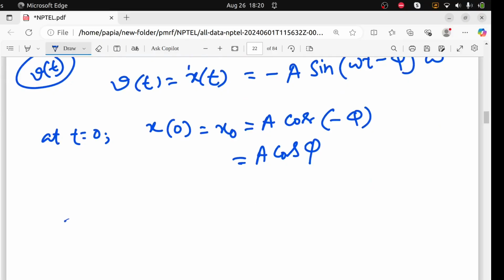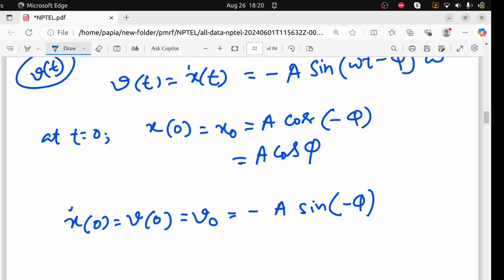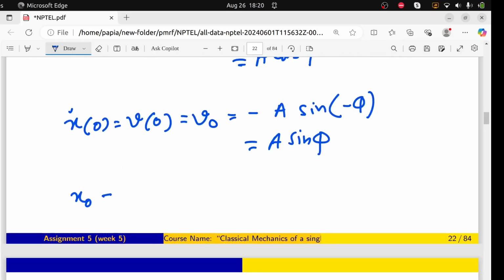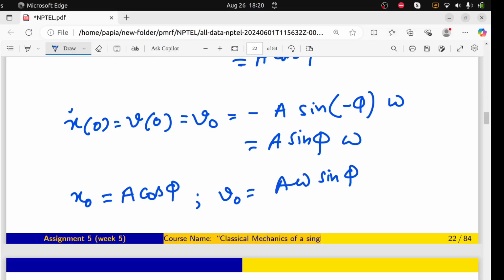Now x dot 0, which is v0, I can write as minus A sine(minus phi) times omega. Sine of minus phi is minus sine phi, so it will be A omega sine phi. Okay. So I have x0 equals A cos phi and v0 equals A omega sine phi. Very good.